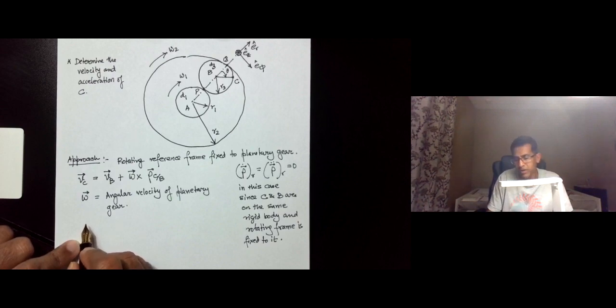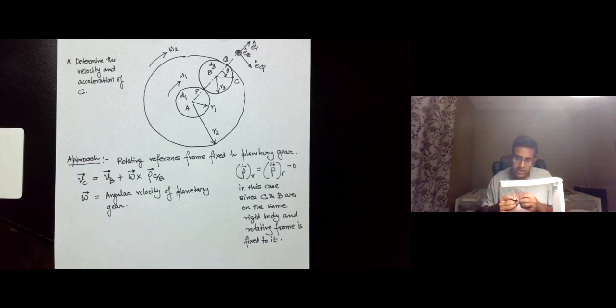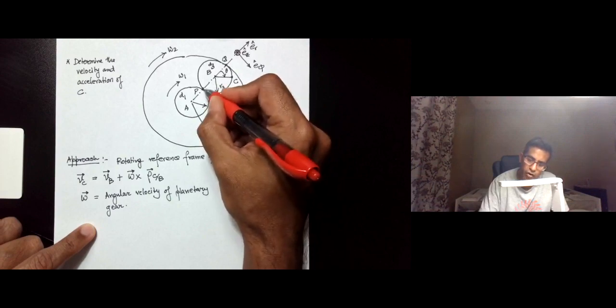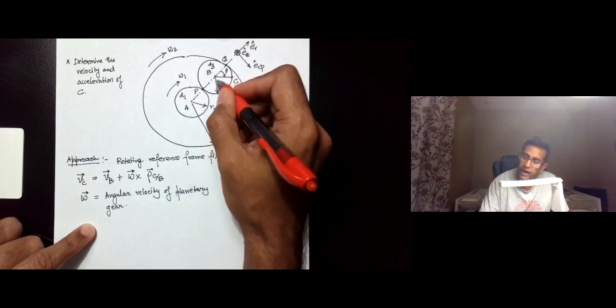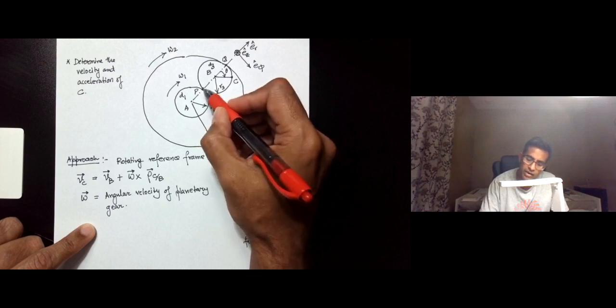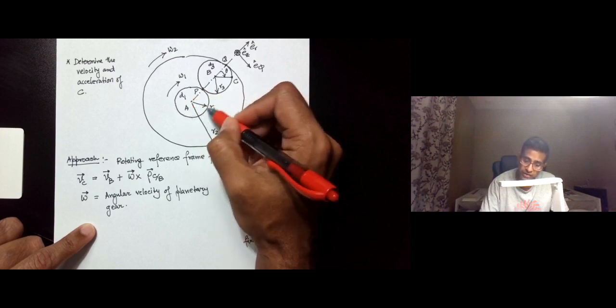So in order to determine the velocities or the angular velocity first, we will note that the point P is the point of contact between the sun gear and the planetary gear, and because there is rolling without slipping at this point, the velocity of P is the same whether you consider P to be a part of the planetary gear or a part of the sun gear.